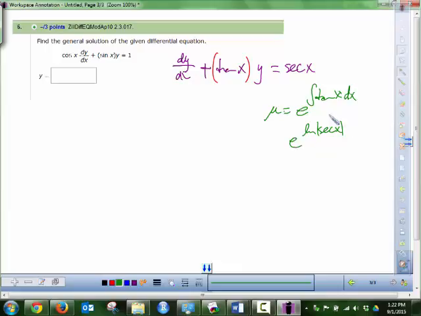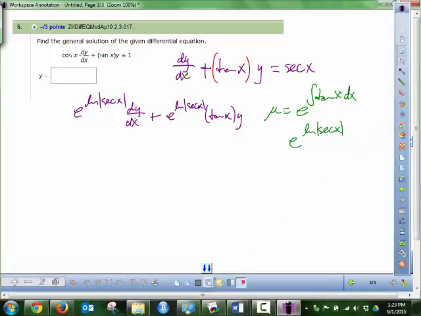So we'll say that this is the integrating factor, and that's what I need to multiply both sides by. So we have e to the ln of secant of x times dy/dx, plus e to the ln of secant of x times tan x times y.